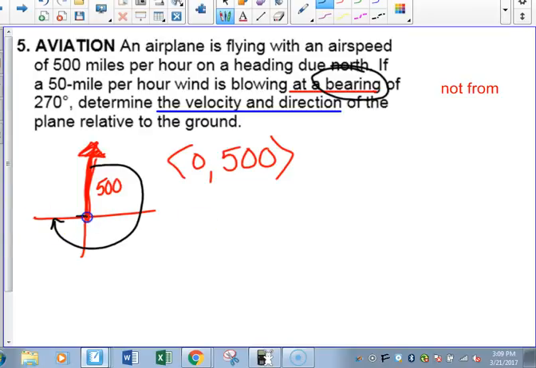But at means we are actually going out that way, okay? If we drew Mr. Wind, he'd be blowing from that bearing and he would actually blow us to the east, okay? But at means at a bearing, so the wind is blowing us in that direction. I don't know how else to explain it. At is away from the north-south line.